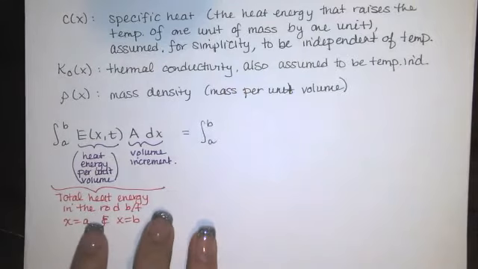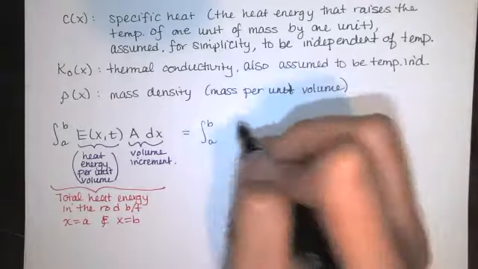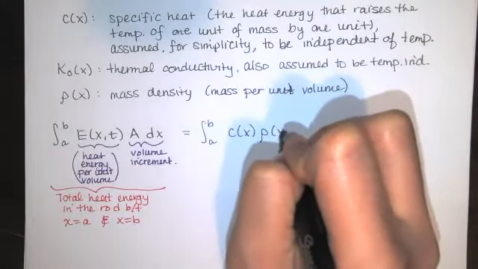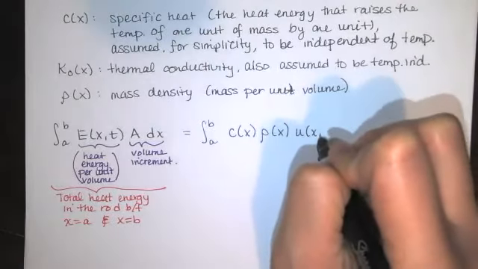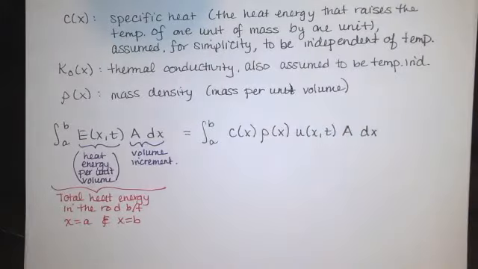The total heat energy in the rod between x equals A and x equals B is also the integral from A to B of the specific heat times the density times the temperature times the volume. And the volume is that area times dx.